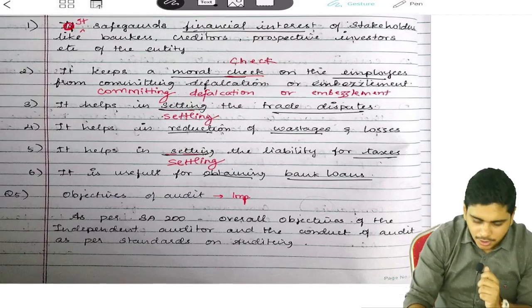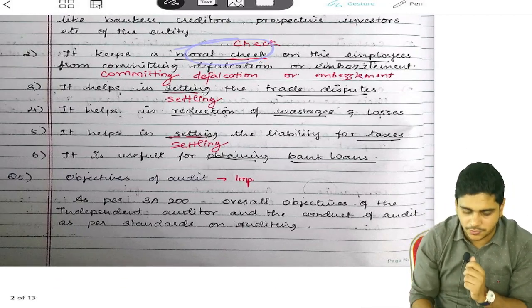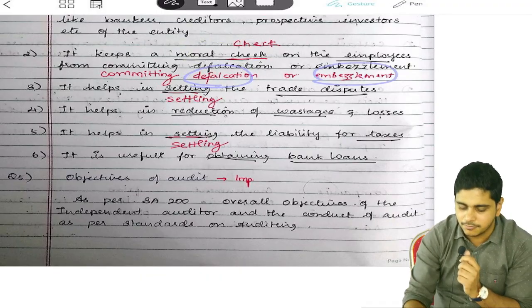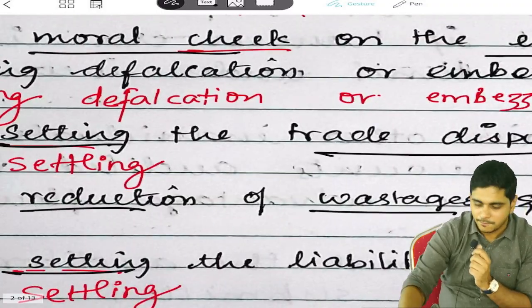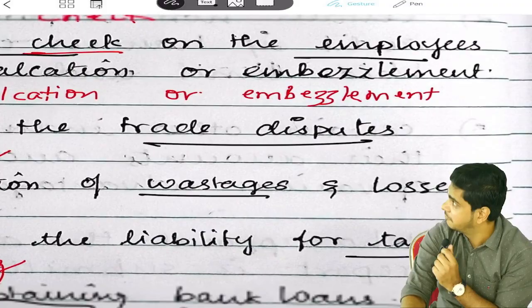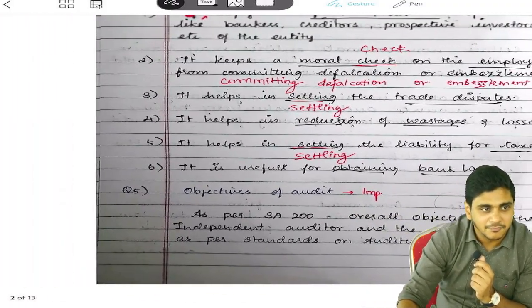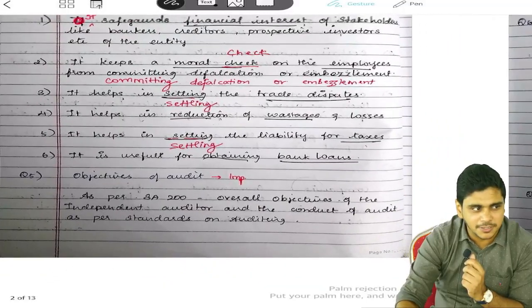Number 2, it keeps a moral check on the employees from committing defalcation or, please pronounce this word. Can somebody explain me what does this line mean?